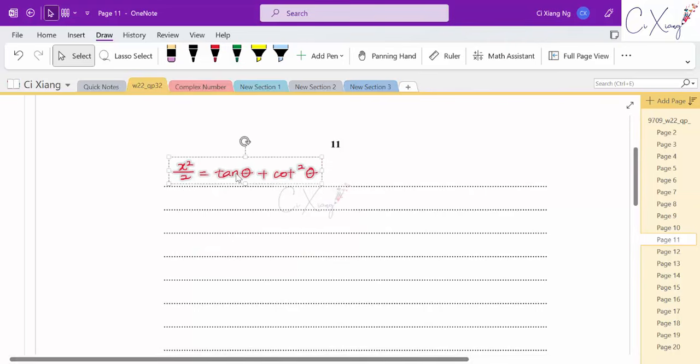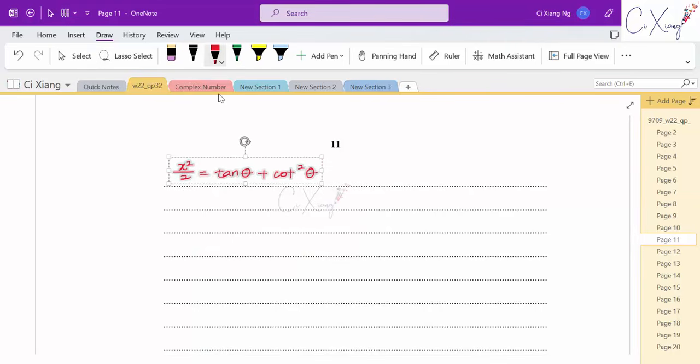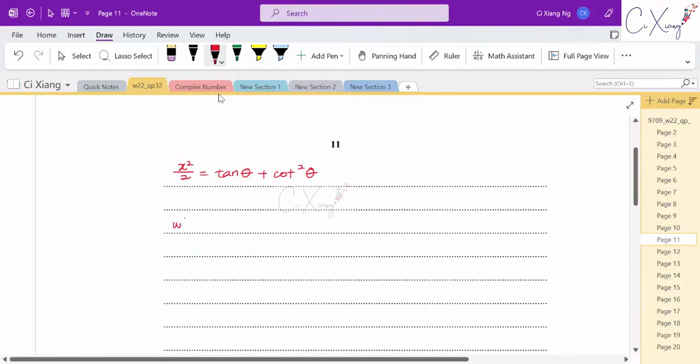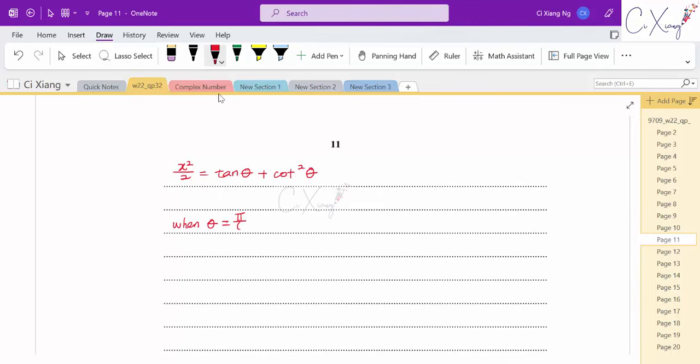So when theta is equals to pi over 6, what's the value for x? First, we try to substitute all the data with pi over 6 first, and then try to press calculator to help us.